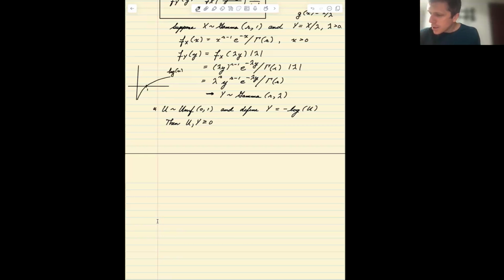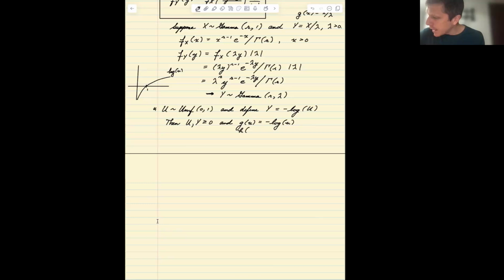Okay, this is log. So it's monotone increasing, continuous, differentiable. And that's our function g. And so we're taking the log of a uniform, which is between 0 and 1. So that's negative. And then we're taking the negative, so that flips it up to be positive. We have g of u defined as minus log of u, that's monotone.